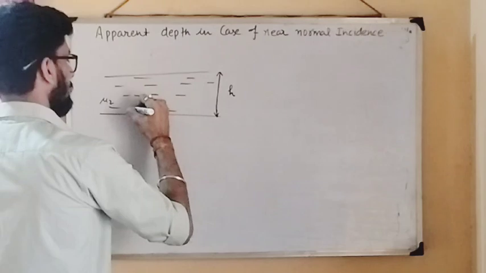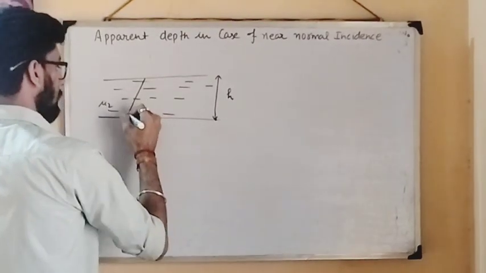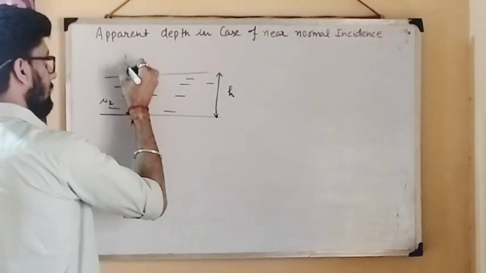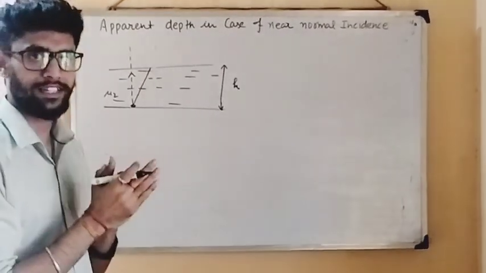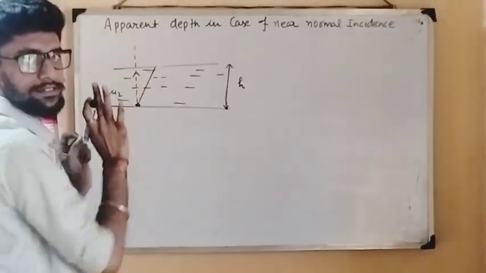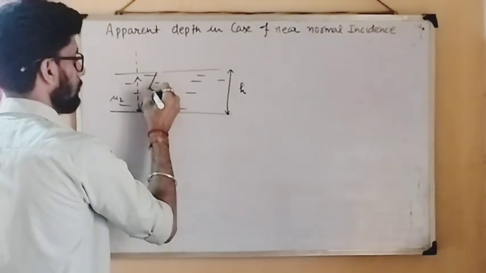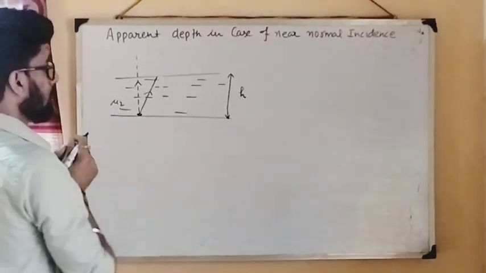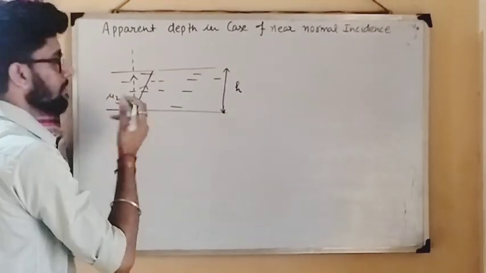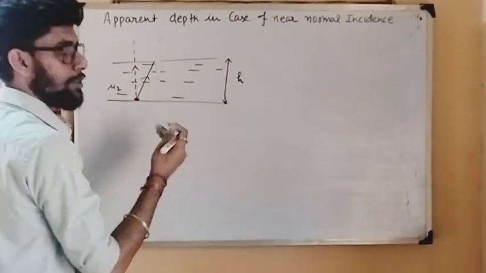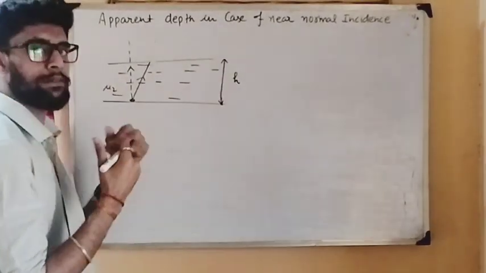So here light will travel from O. One ray, if it goes normally, will go without any refraction, as it is. But if a ray goes at some angle with the normal like this, at the interface refraction is going to happen because light is transferring from one medium to another.